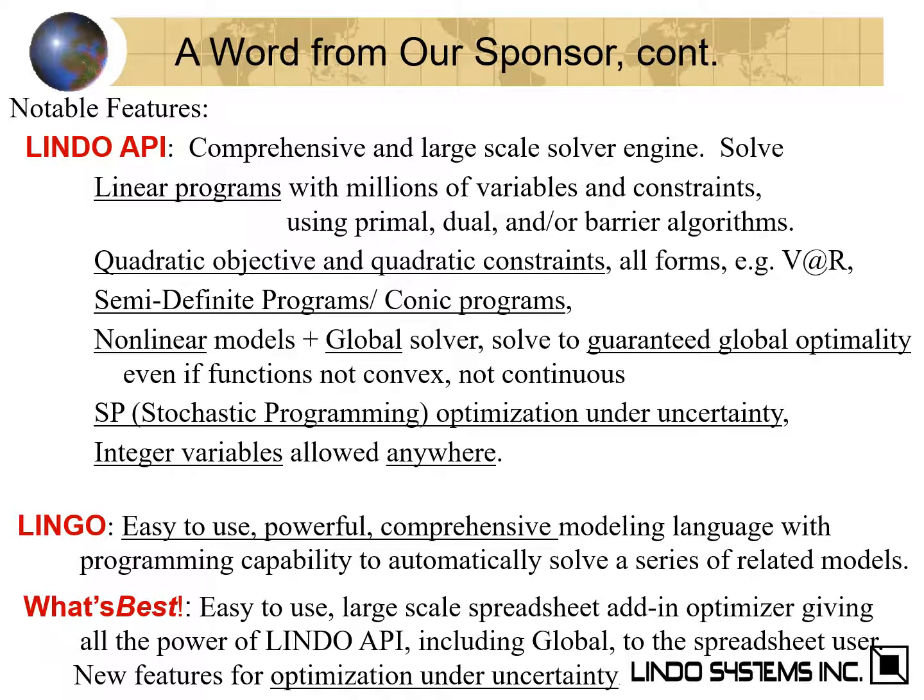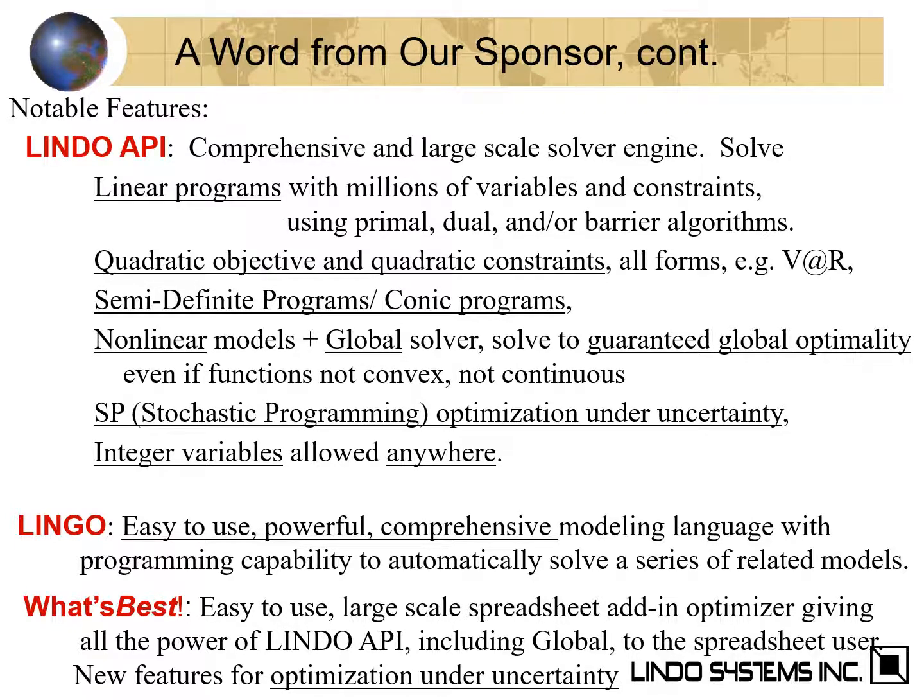And the quadratic constraints need not be convex. We have a global solver which can handle non-convex problems and still find guaranteed global optima for it. And more general than quadratic, we can handle conic constraints and even semi-definite constraints.